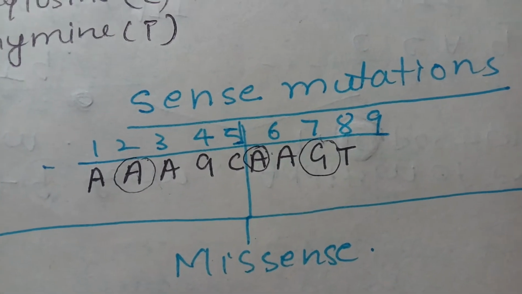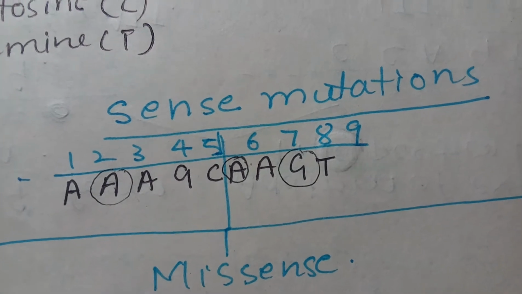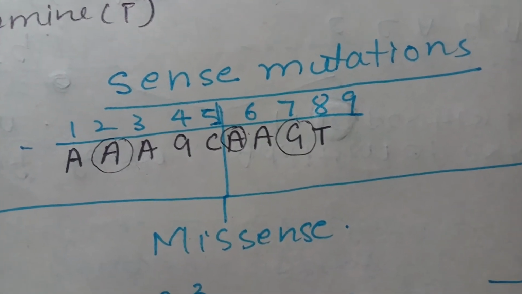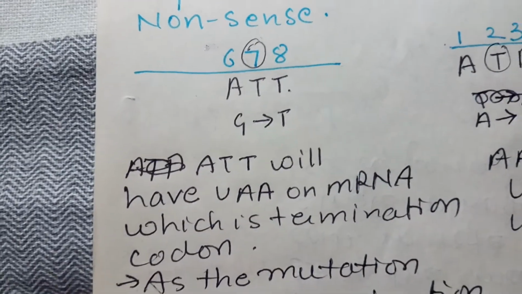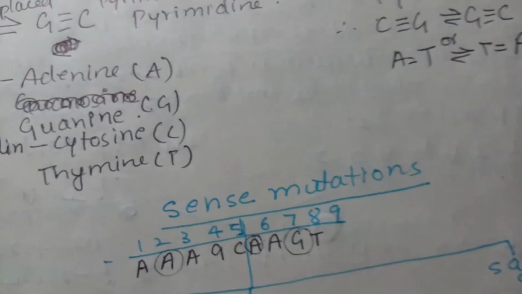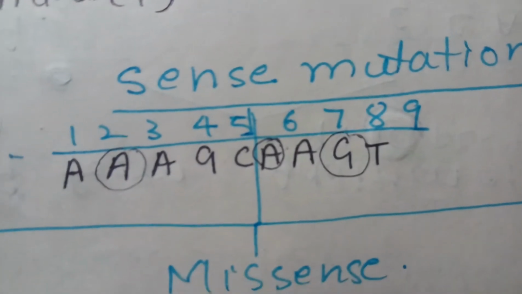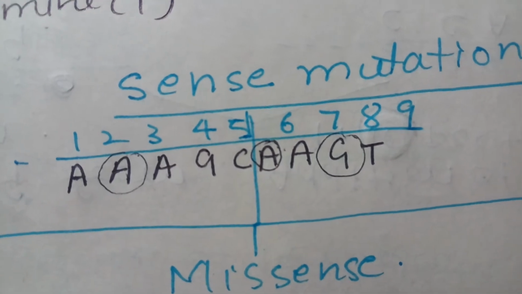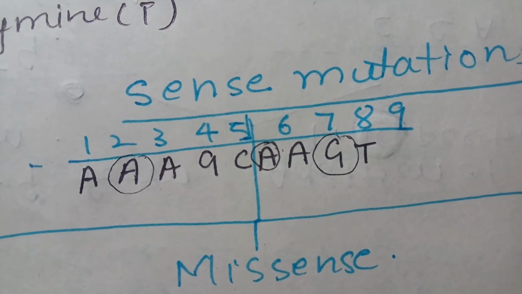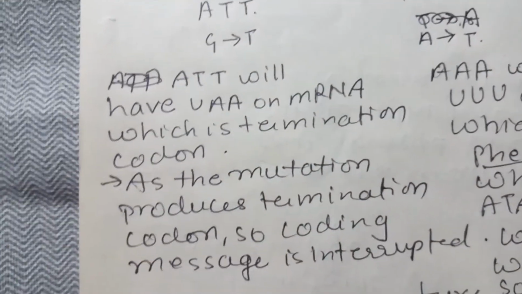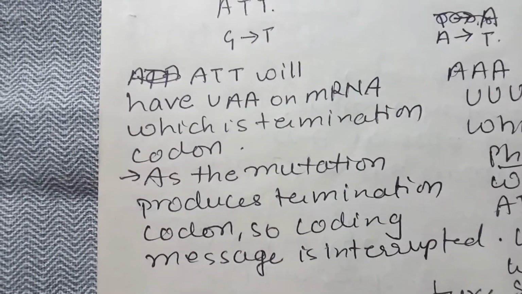Now suppose at position 7 G is replaced by T. So AGT, if G is replaced by T, will become ATT.